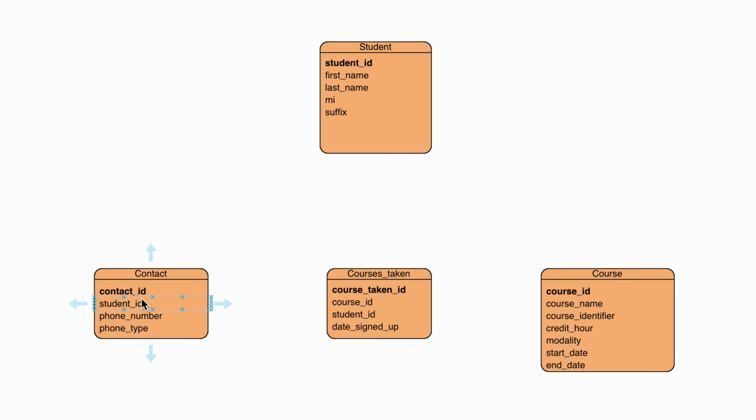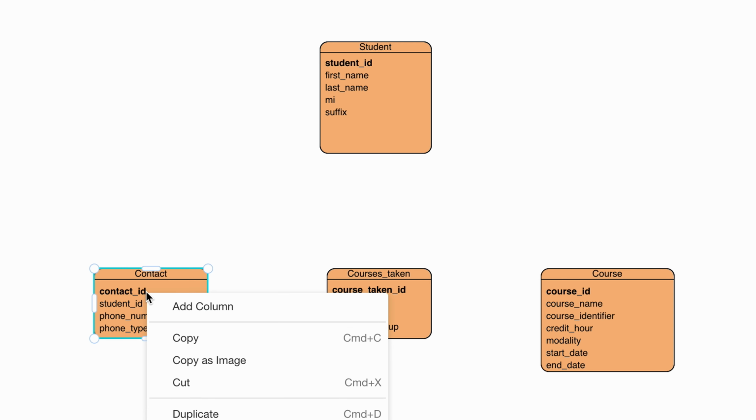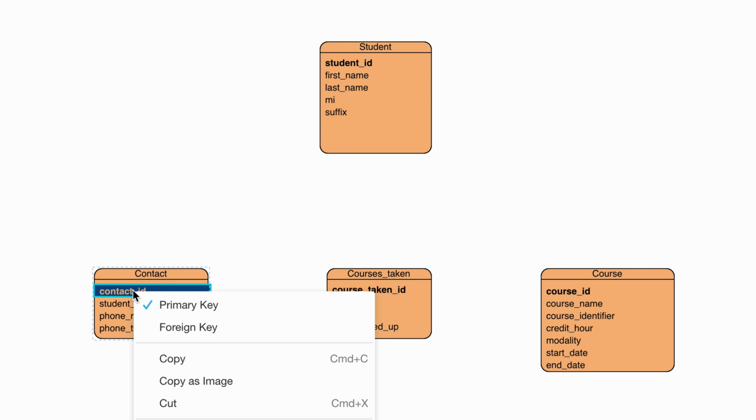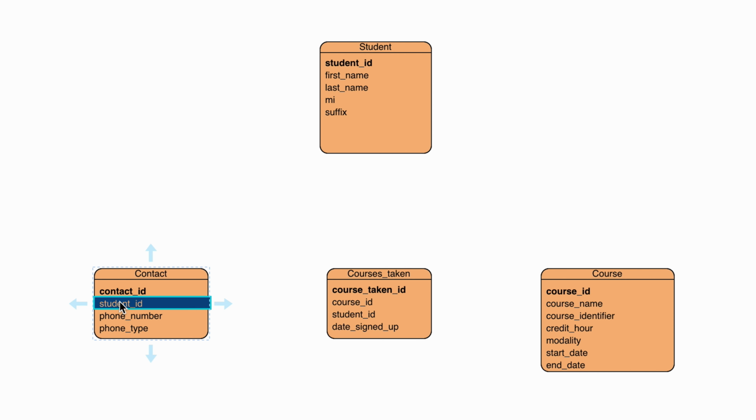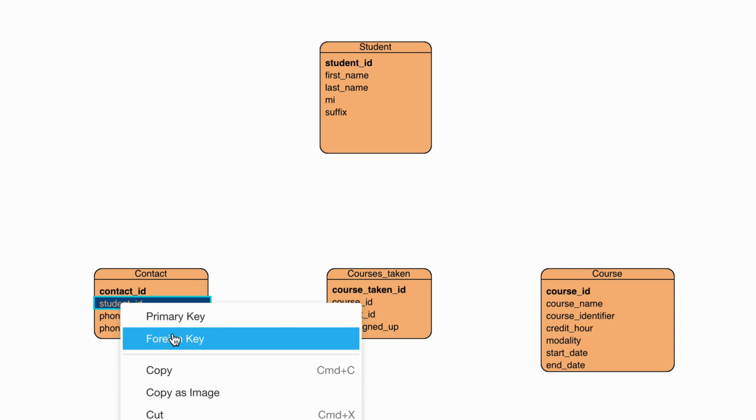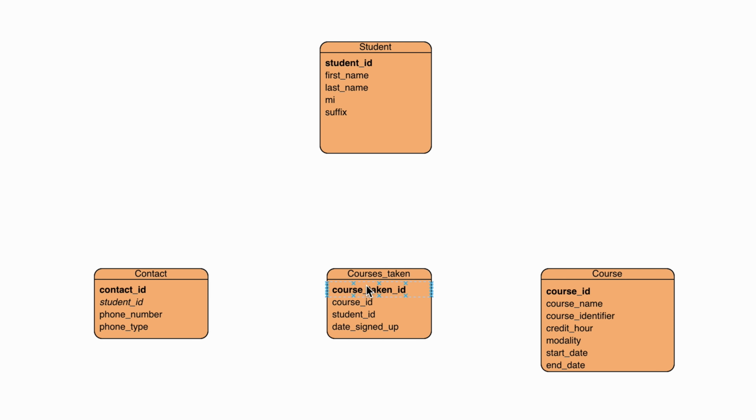On the contact table, we have a contact ID, which right now is set as the primary key. You can see we can also toggle this to a foreign key. Let's set the student ID, though, as the foreign key. On the courses taken, we have a course ID and a student ID. And on the course, we only have a primary key.